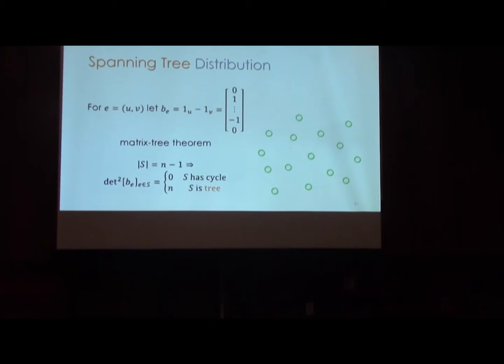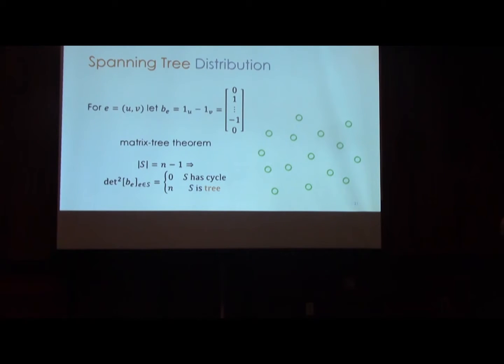Then the so-called matrix tree theorem basically asserts that if you take a subset of size n-1 of these vectors, their determinant is either going to be 0 or n, depending on whether that subset is a tree or not.